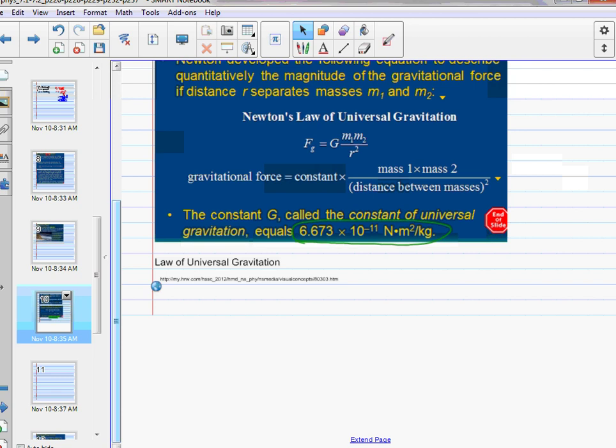He has this unwound string. It has to be a string or a thread that is not twisted. I should have said untwisted. This is twisted. So if I let this go, it's going to start rotating because it's twisted string. So you have to have an untwisted fiber. If you let it hang there, it has no torque itself. It will not twist anything by itself.